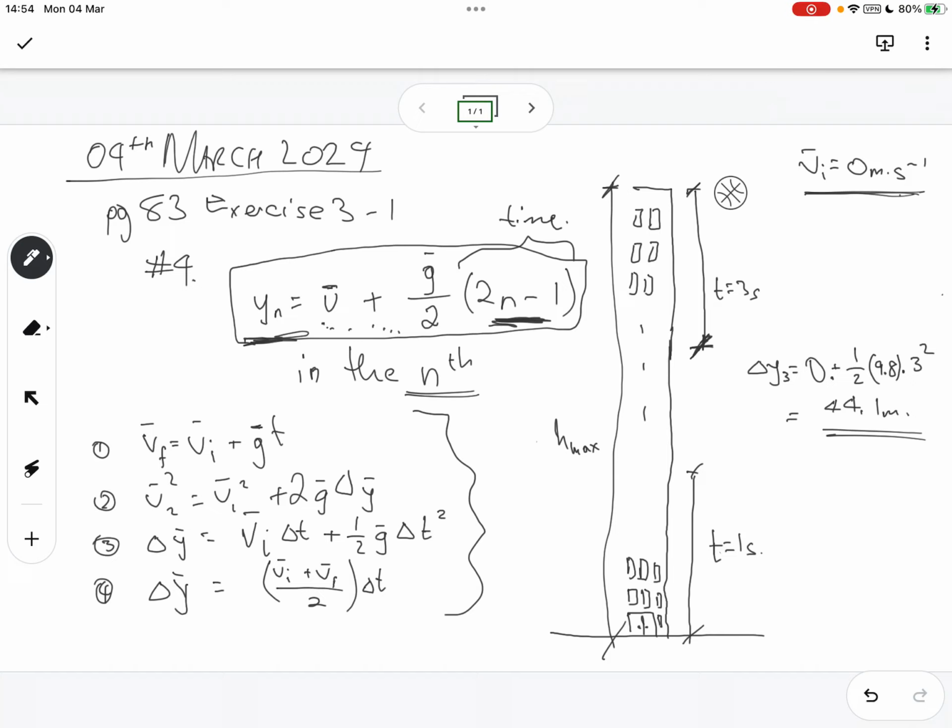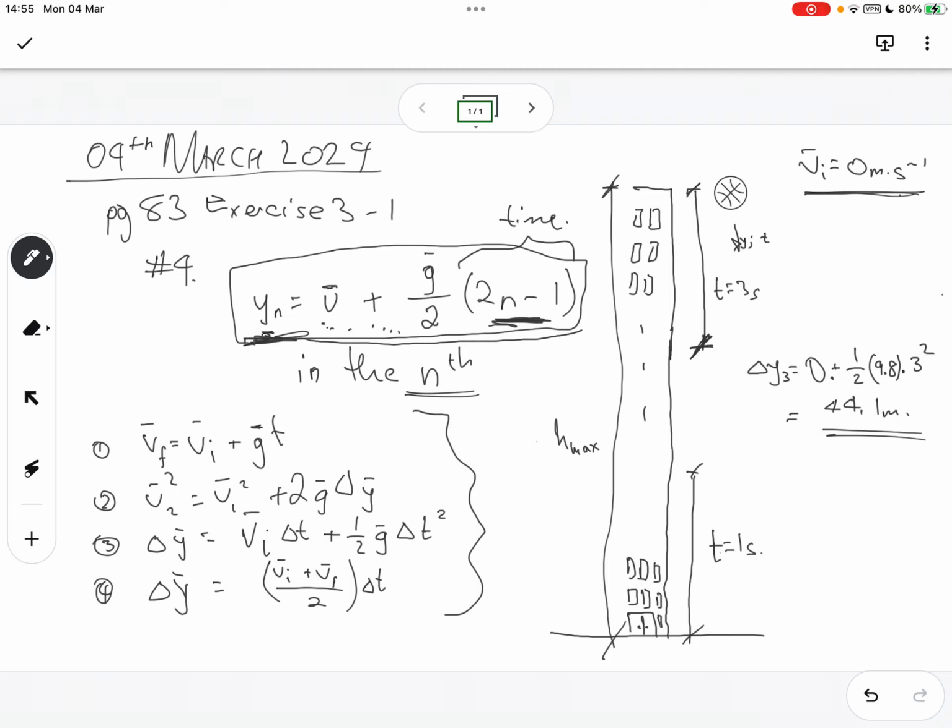Let's ignore the final velocity for a while and just look at this issue of the time it takes. So the goal is to determine a general equation of how much the ball drops for any given amount of time. That's where this equation comes from.